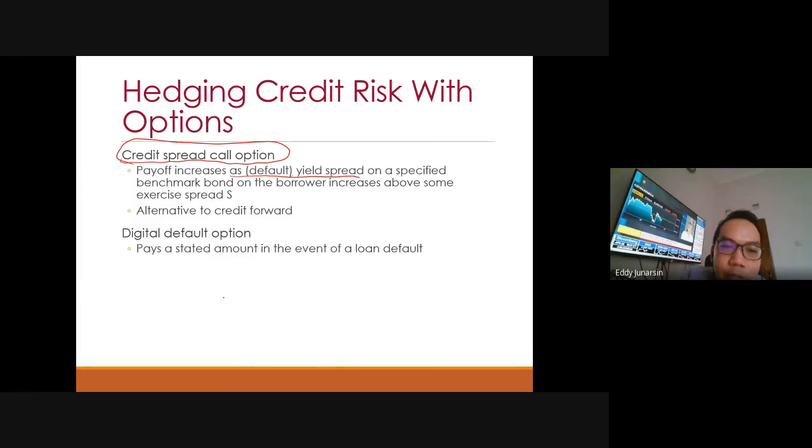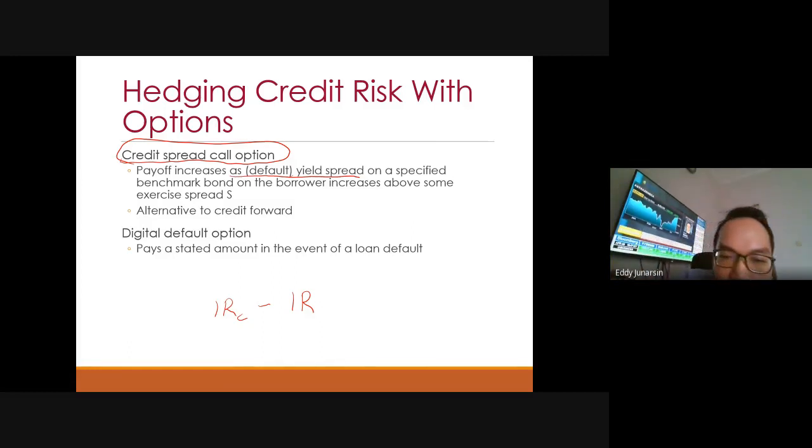So if you have the spread right now, for example, the spread means the interest rate to be charged on the client, right? Minus maybe a certain interest rate to be charged on maybe a prime borrower, right?